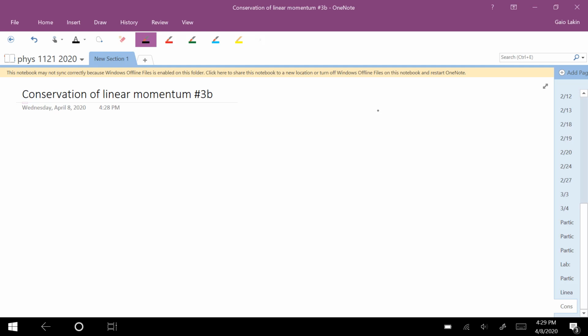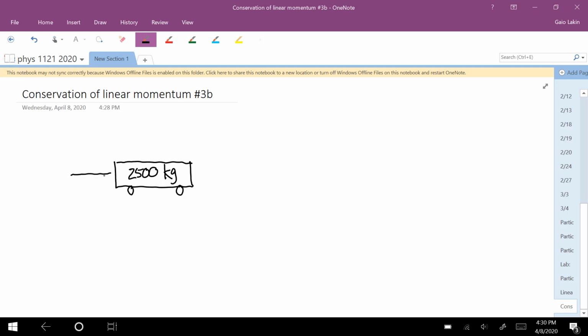All right, so what's happening is you have a train car with a mass of 2,500 kilograms, and it has a speed of 21 meters per second.